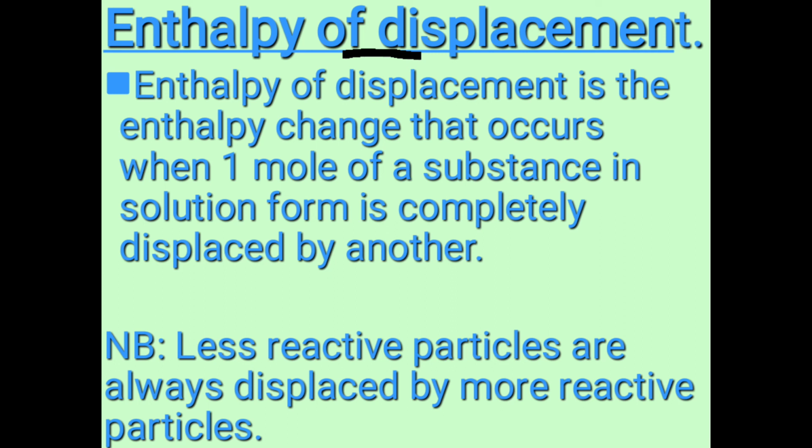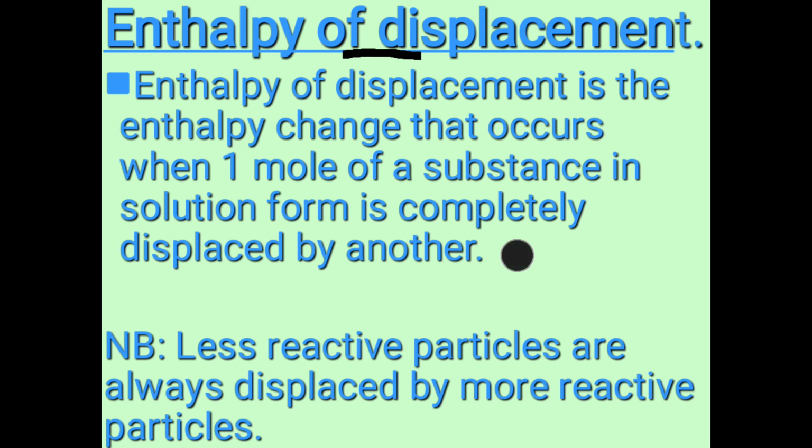So we can come to this definition: enthalpy of displacement is the enthalpy change that occurs when 1 mole of a substance in a solution form is completely displaced by another, and that other substance must be more reactive than it. Hope you get me there.